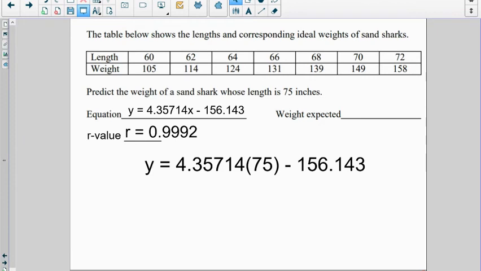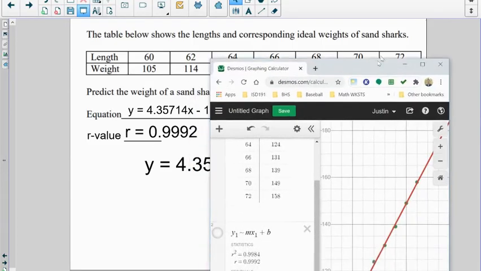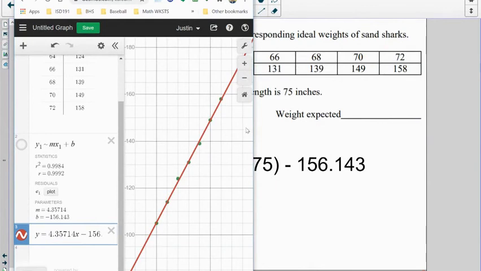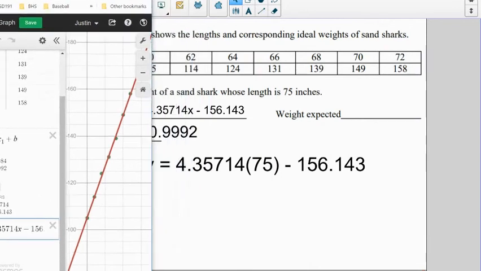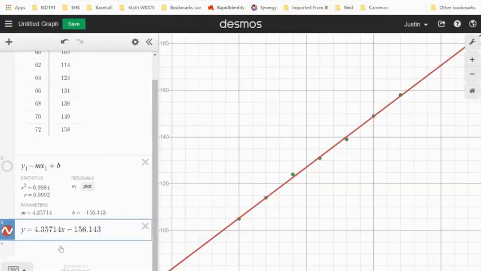All right, so now I have to go back to my calculator. Actually, you know what, let's use the Desmos calculator. So I want to show you how this works like a regular calculator too. I need to see those numbers. 4.357. You know what?